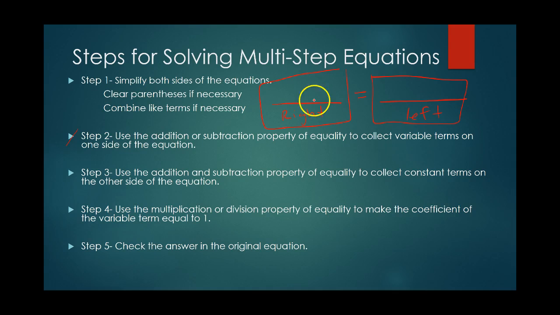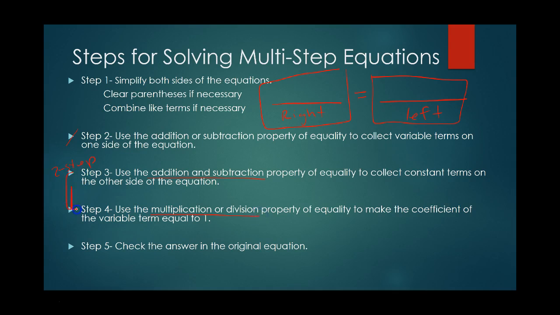So once I simplify the right and simplify the left, steps 3 and 4 are looking at that two-step area. Step 3 is saying take this addition and subtraction and undo it. Then take this multiplication and division and undo it.